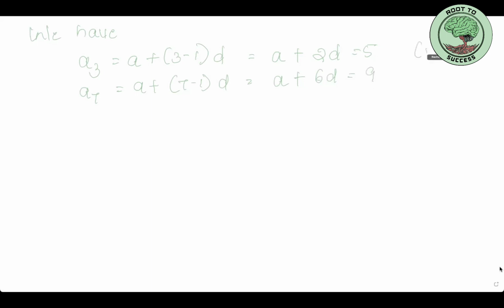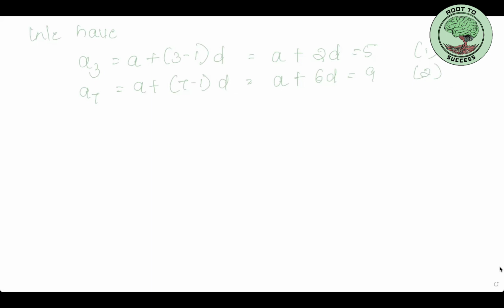We have A3 = A + (3 - 1)D and A7 = A + (7 - 1)D, which will be A + 2D = 5 and A + 6D = 9. Now we have two equations.